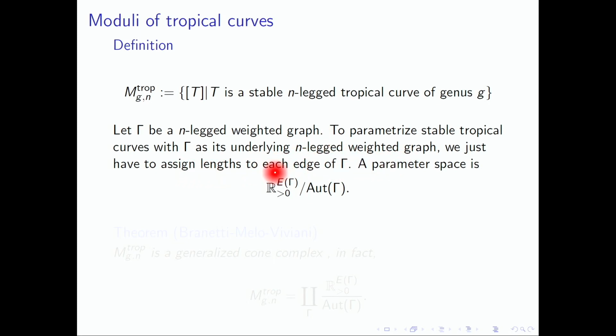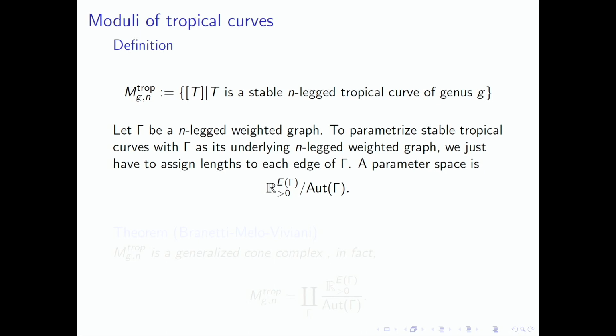So I can take this R to the E of gamma, positive, because we want only positive lengths on the edges. But we also have to mod out by the automorphism group of the graph because here I'm considering classes of tropical curves. So this is, in some sense, the first step we do to construct a moduli space of tropical curves. This is a cell parameterizing all classes of tropical curves with a fixed underlying graph.